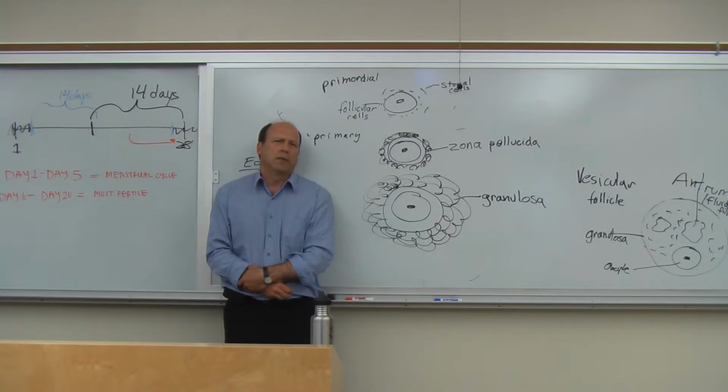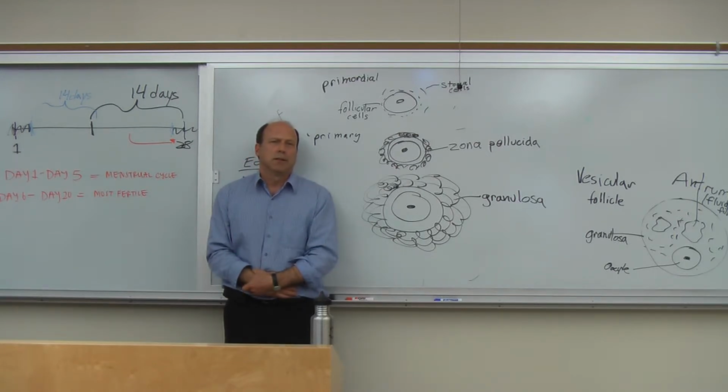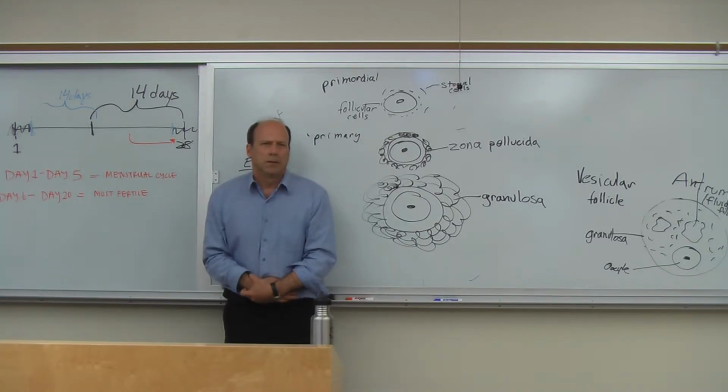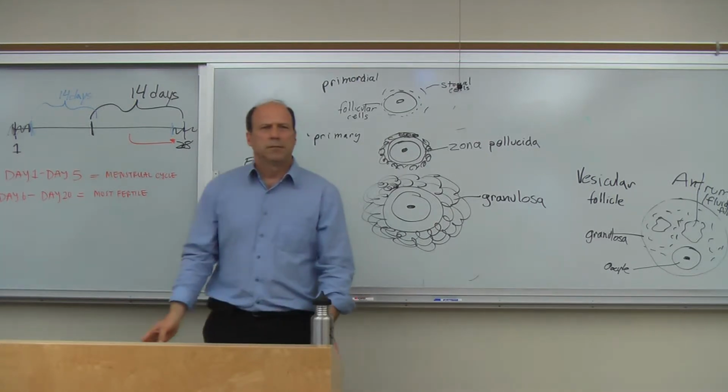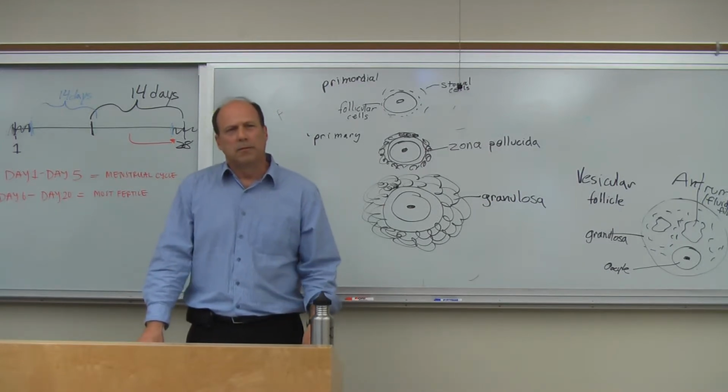So why is that? Why can't a second sperm attach? And why would you not want a second sperm to attach? Because the egg already has the chromosomes, and you don't want to mix with a different sperm. Yeah, it would mess things up.